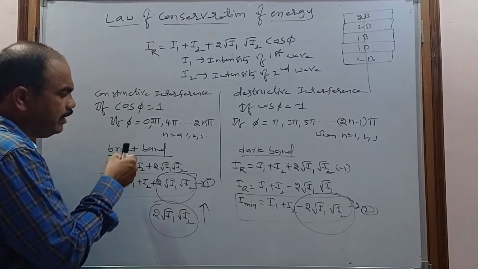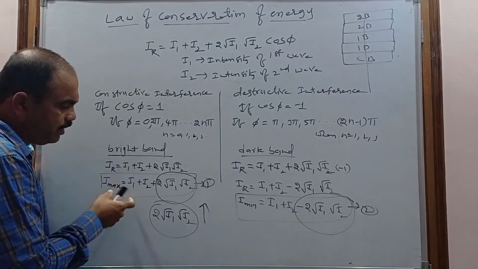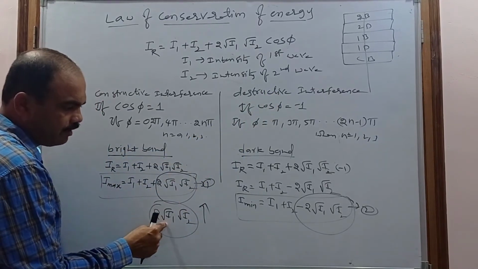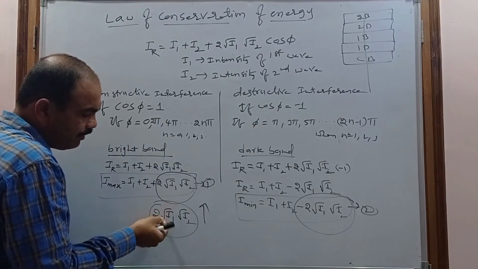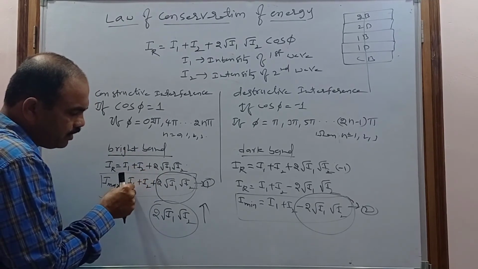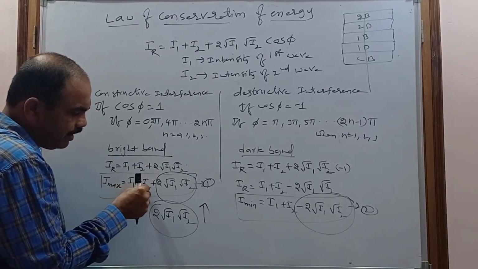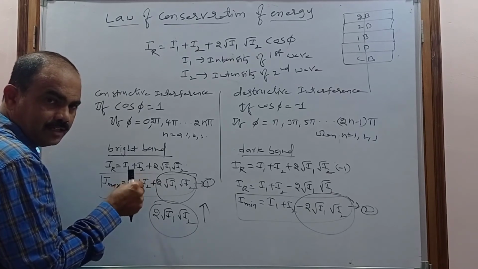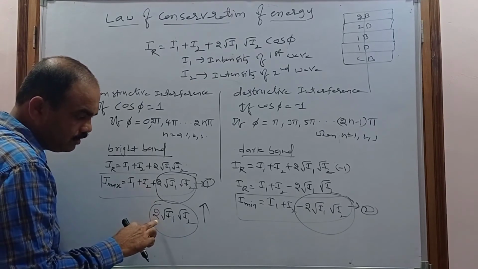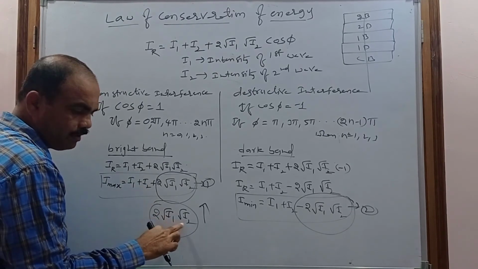When the bright band is formed, the intensity will be how much more compared to the dark band? Here, when the two waves with intensities I1 and I2 are superimposed, the resultant intensity will be more than the sum of the two individual waves by 2 root I1 I2.